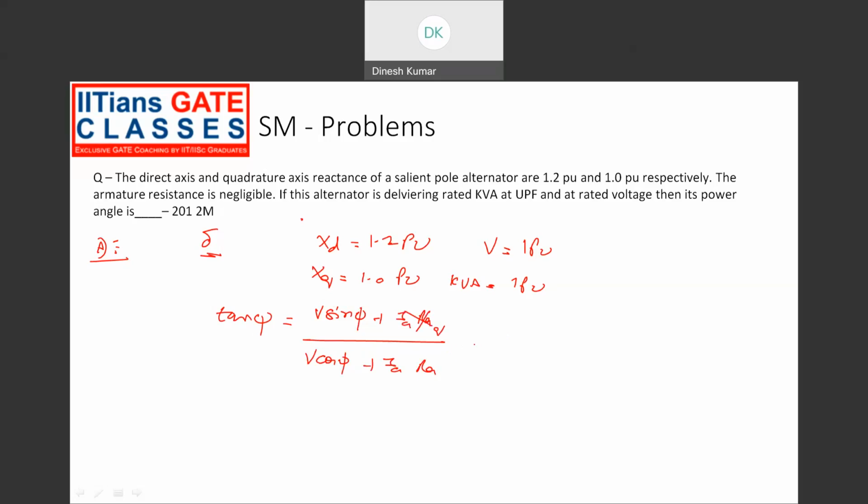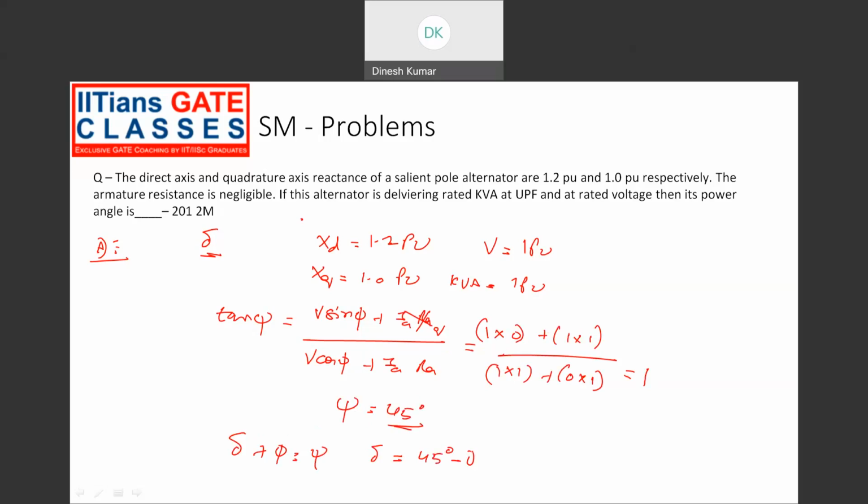So if we substitute the above values, we have V sin phi is 0 plus 1 into 1, and V cos phi is 1 into 1 plus 0 into 1. So this gives 1. So psi is 45 degrees. Delta plus phi equal to psi, right? Now delta equal to 45 degrees minus phi. Phi is 0 because it's a UPF load, unity power factor load. So delta is 45 degrees.